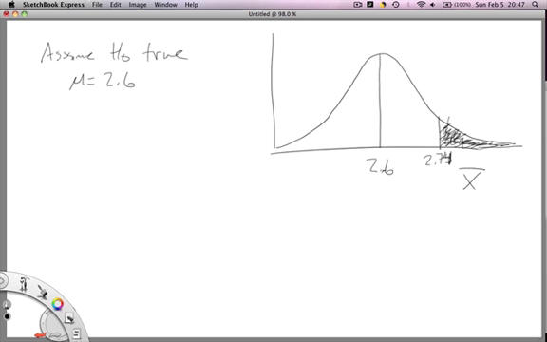So we'll do a little thought experiment. Let's say, for the sake of argument, that we find the area in this tail and it works out to be 0.00001. Okay, now if that were the case, what would that tell us? Well, it would say that if 2.6 were the mean, then the chance that we would observe a 2.74 or bigger essentially can't happen.